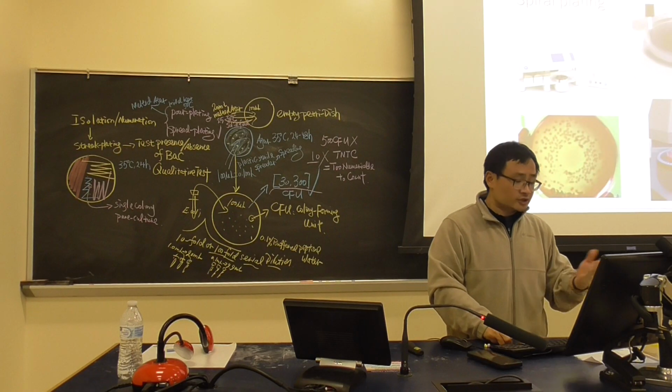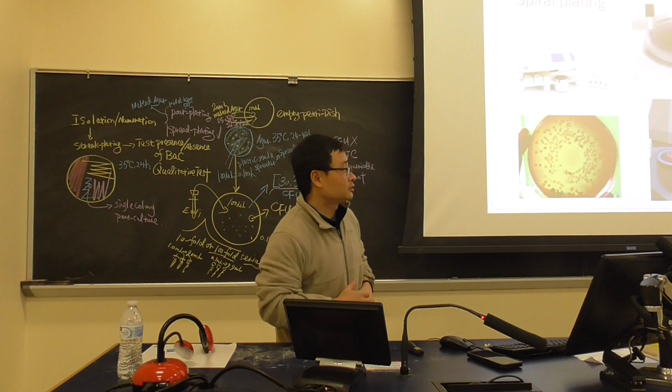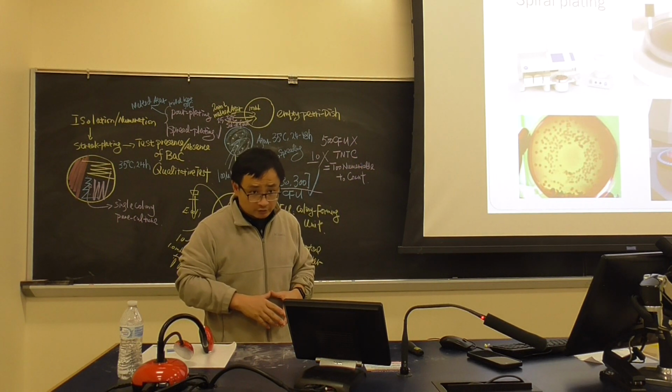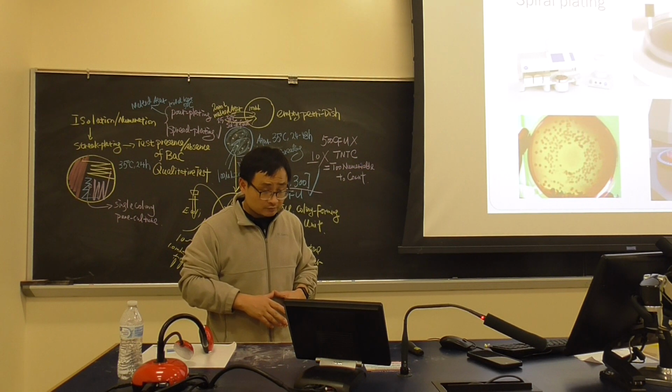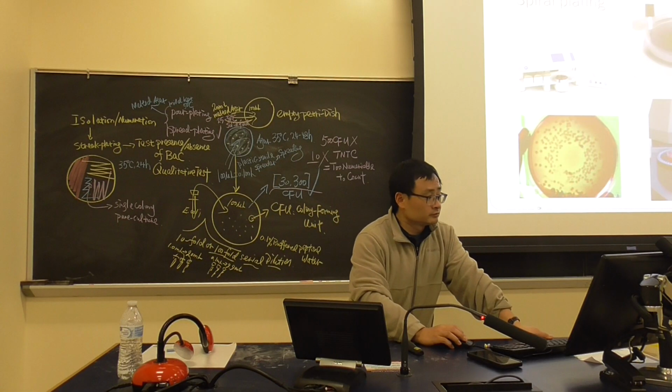Okay, spiral plating. This is a tricky one. First of all, this machine is expensive, $20,000. How do they do it? You look here. This is what we call a vacuum pump.